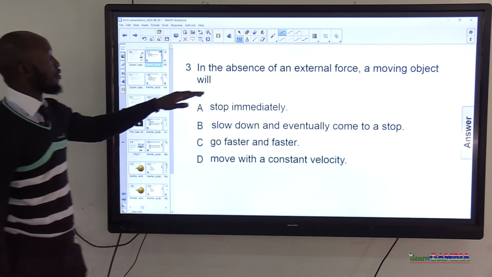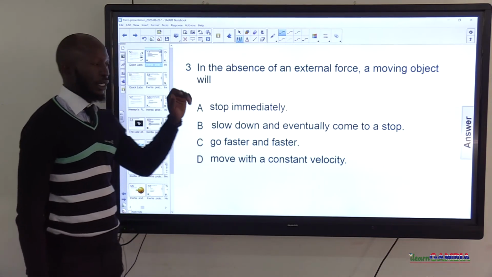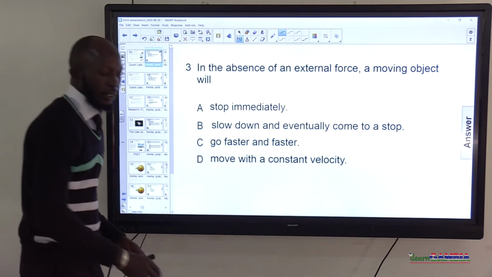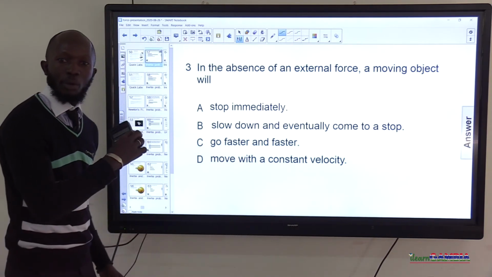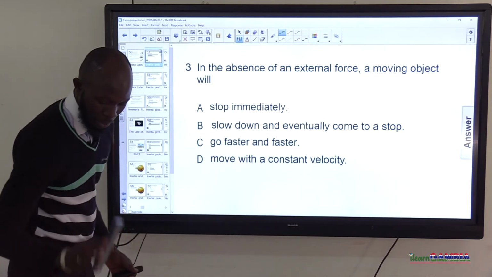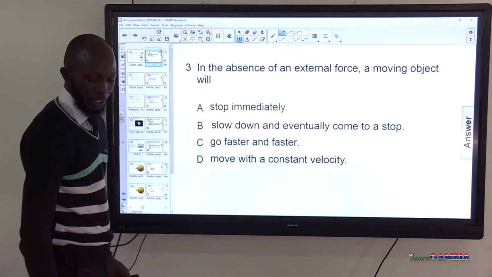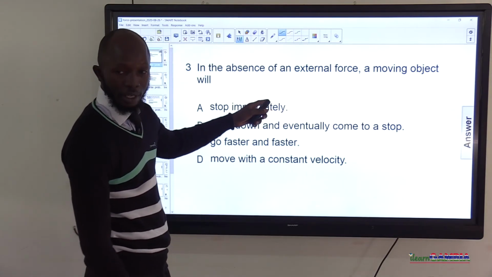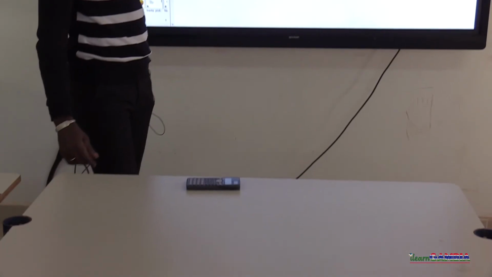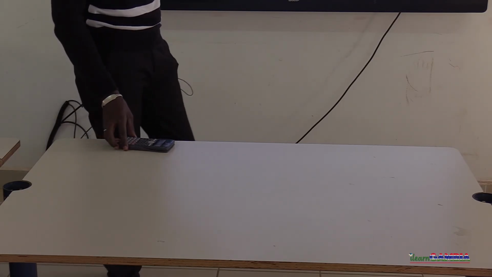You remember, in the absence of an external force, let's say this here is the ball and the ramp situation. This is our ball, and it is moving on the ramp. The question is telling you that there is no external force, meaning friction has been eliminated, gravity has been eliminated, and every other possible force has been eliminated.